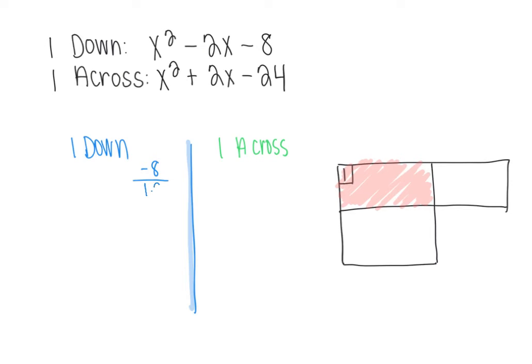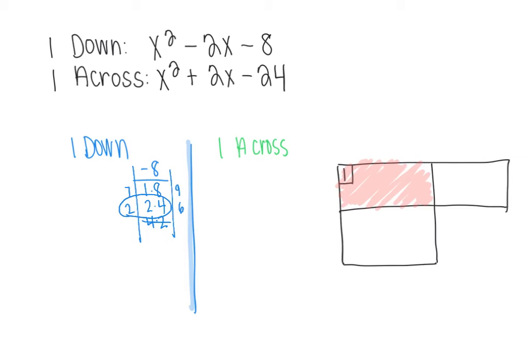So 1 times 8, 2 times 4, 4 times 2, and I know I'm done. Okay, and then I'm looking for, it adds to 9, it adds to 6, it subtracts 7, it subtracts 2, there it is.